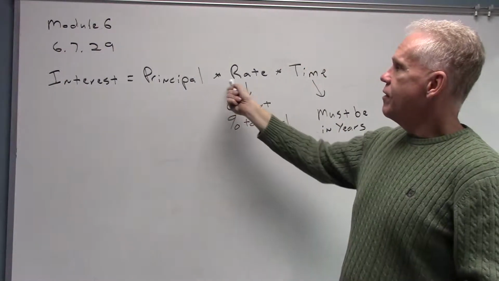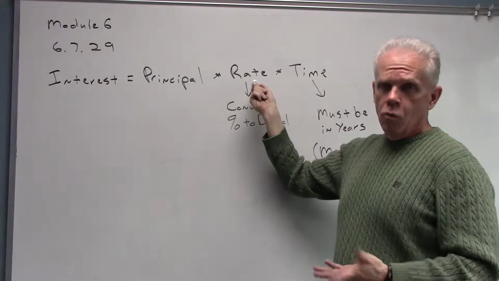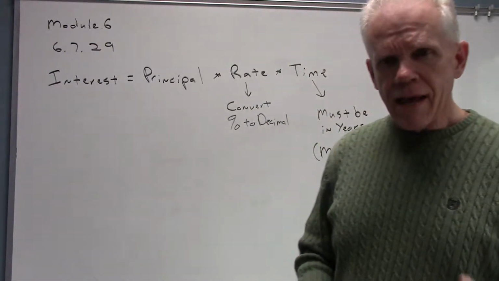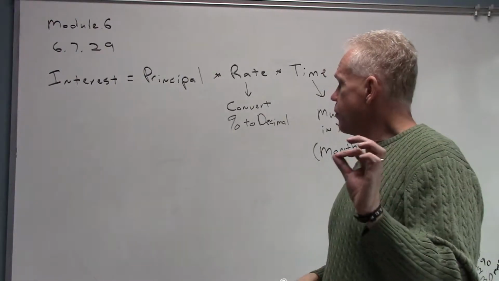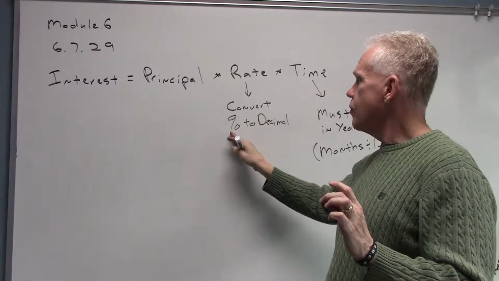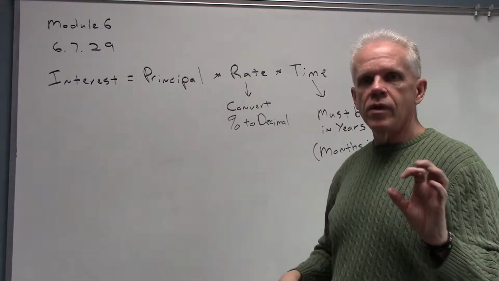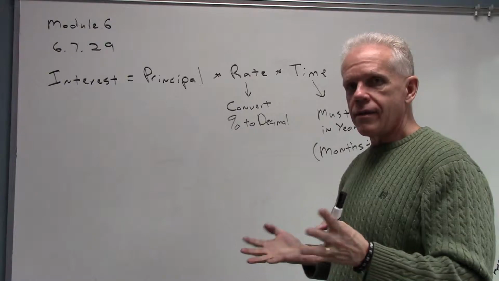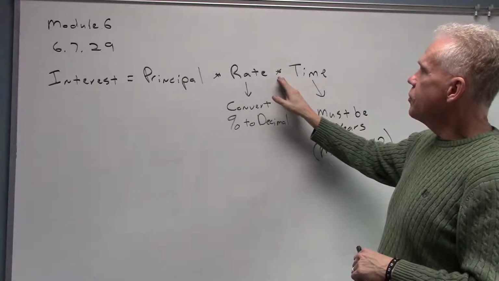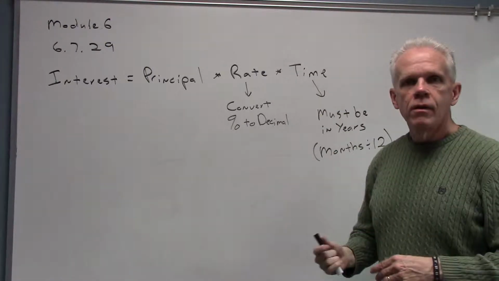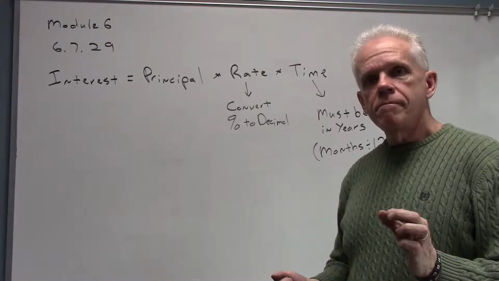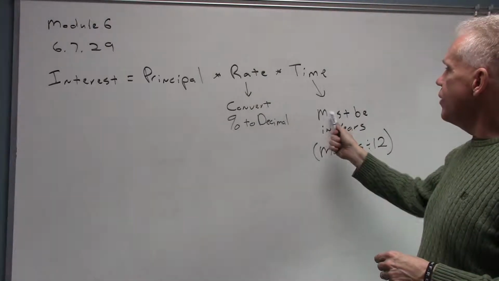We're going to multiply that times the interest rate, which will be expressed as a percentage. Now, when we're doing our calculation, that percentage is going to have to be converted to a decimal. Really, really important to do that, and there's a little bit of work involved there. Then we're also going to multiply that times the time for however long we're keeping the money, and that time has to be set in years.